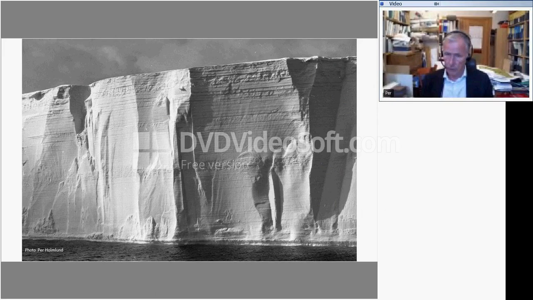If you go more to the polar regions, you have other things that you can study on glaciers. This is from East Antarctica, where the inland ice has reached the sea, and you can see annual layers here.